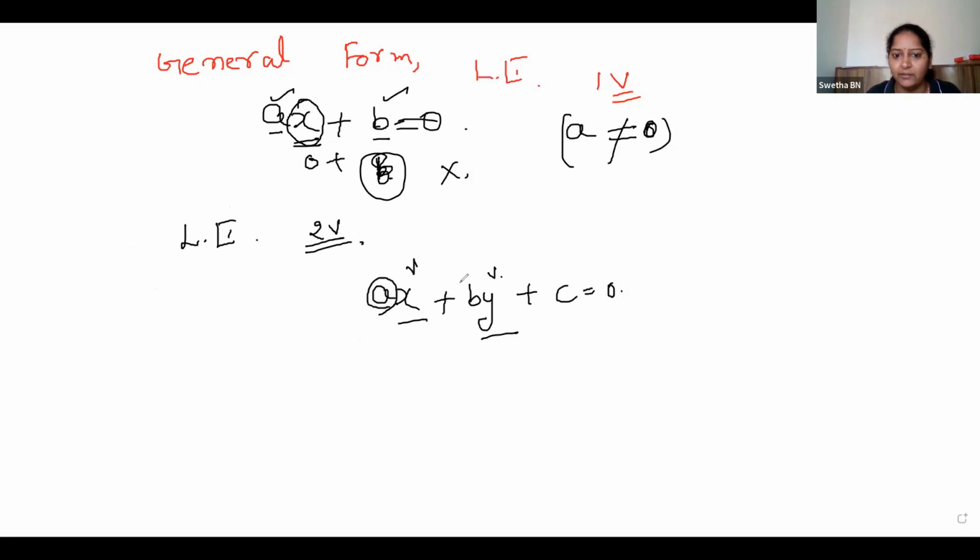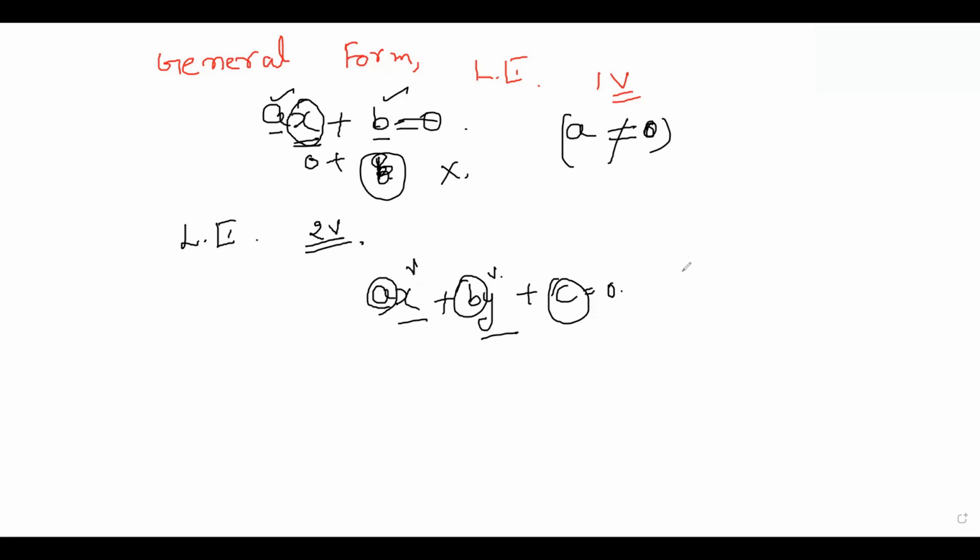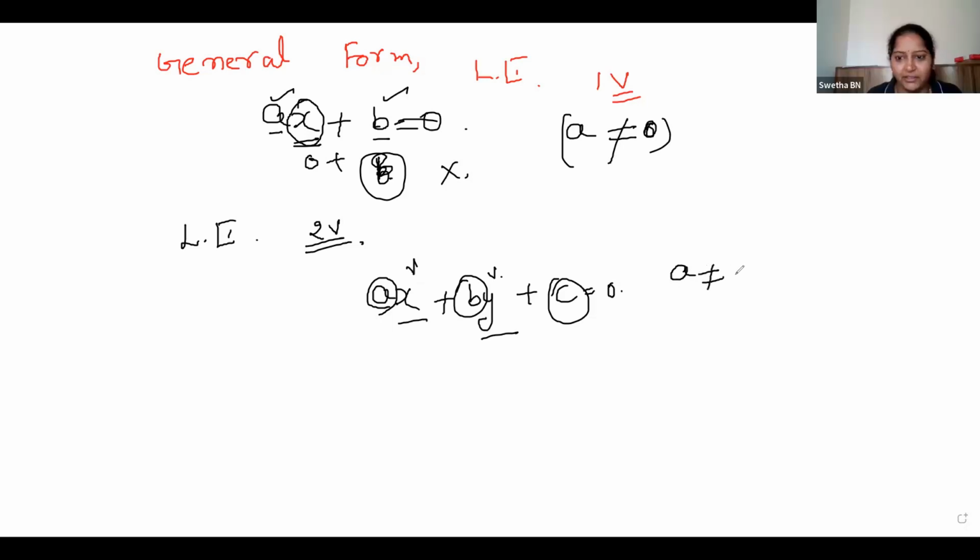What are a, b, c? These are the constants, children. Or you can say real numbers. And what is the condition here? Here a is not equal to 0. What about b? Ma'am, here also b is not equal to 0. Okay, here also a is not equal to 0.